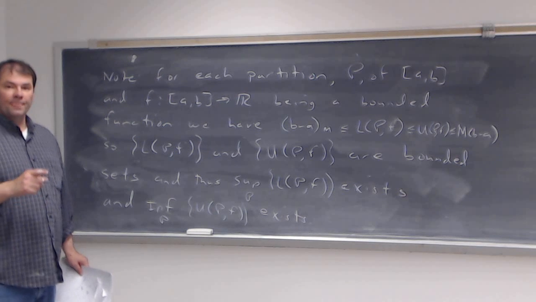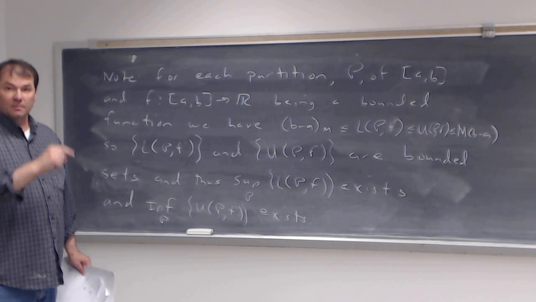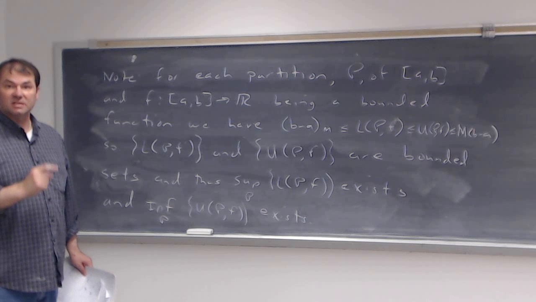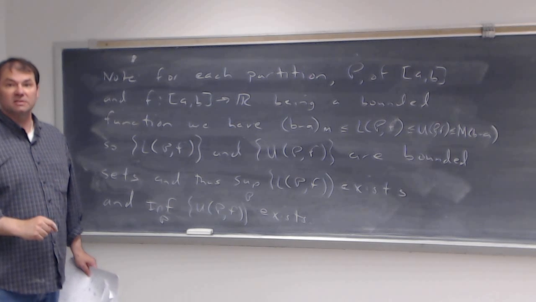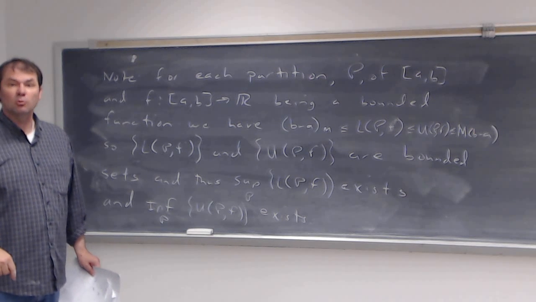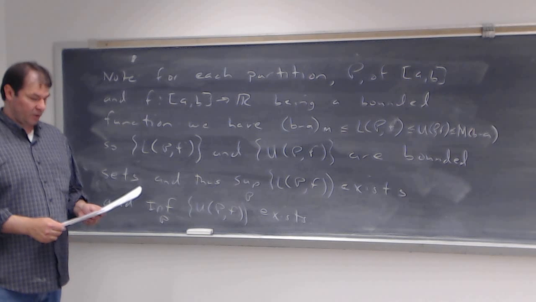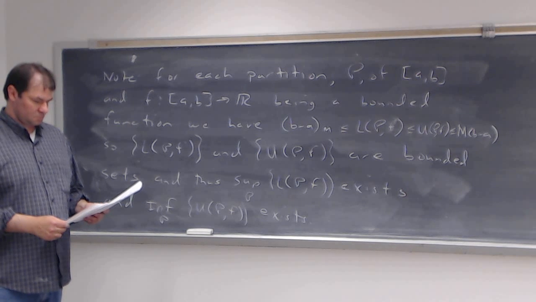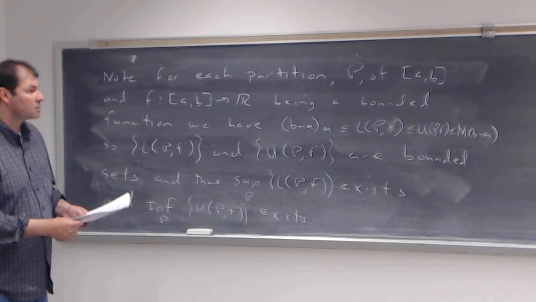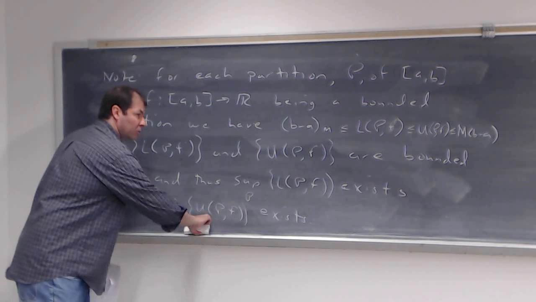So that integral with the superscript bar, that always exists, and the integral with the subscript bar, that always exists. But they aren't necessarily always equal to each other. And so let's do an example here where we do have a Riemann integrable function.